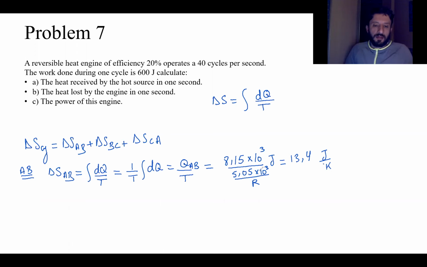Here we calculated Q equals 8.15 times 10 power 3 joule, and TA equals TB equals 5.05 times 10 power 3 divided by R. We calculated its value, it's 13.4.